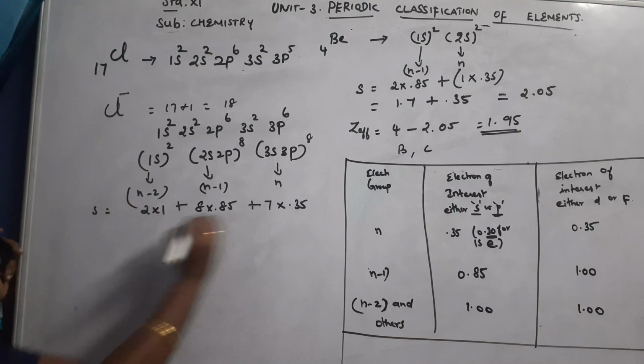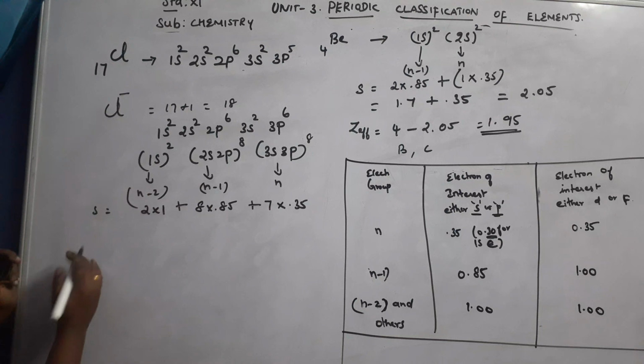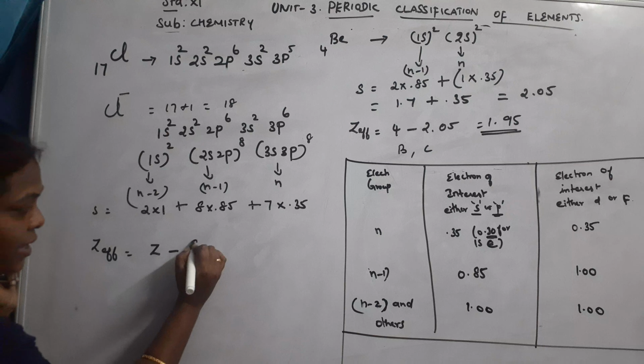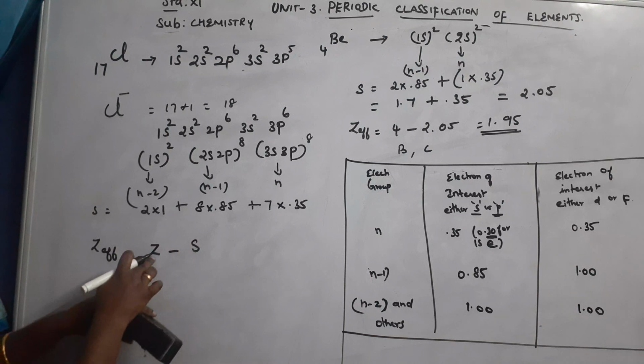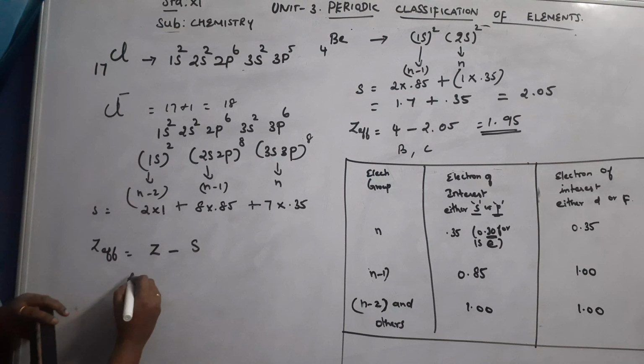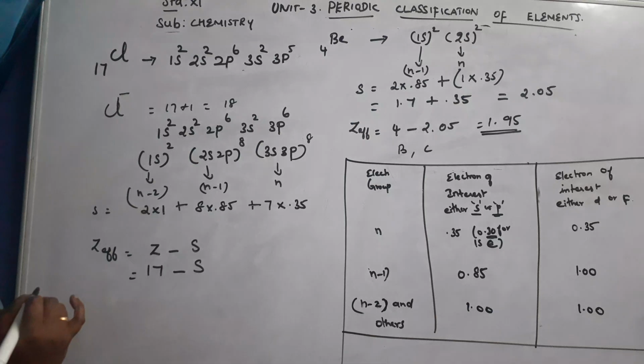If you sum all of this, we get the S value. After getting the S value we calculate the effective nuclear charge: Z effective equals Z minus S. Here you should not change the atomic number. The atomic number for chlorine remains 17, so you put 17 minus S.